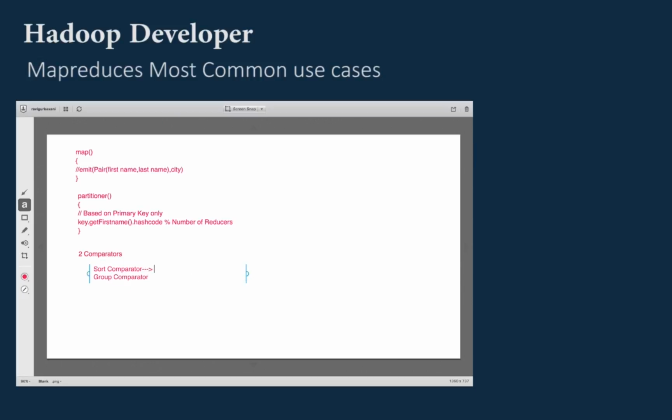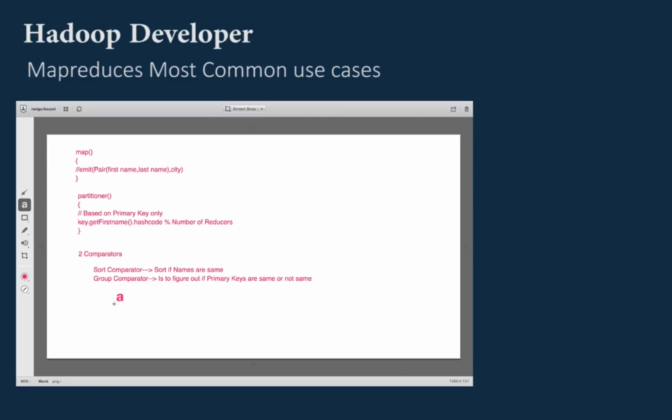Sort comparator will sort if names are the same, and group comparator is to figure out if primary keys are the same or not. So group will basically group them and sort will basically sort.